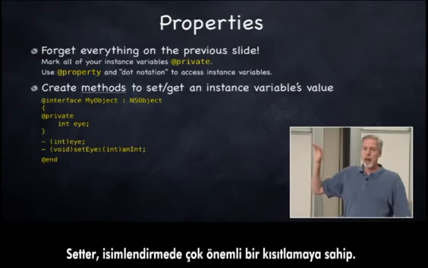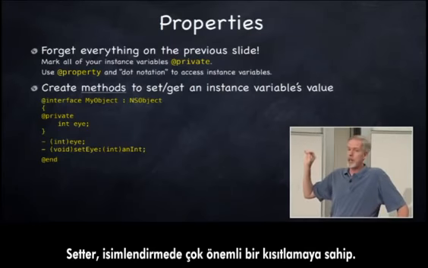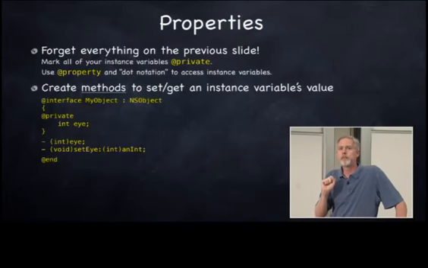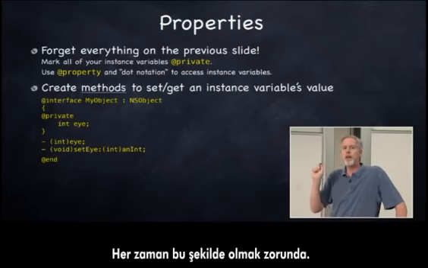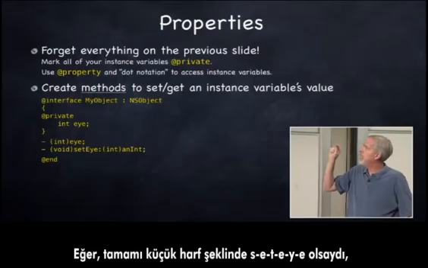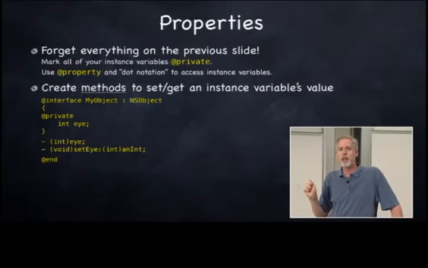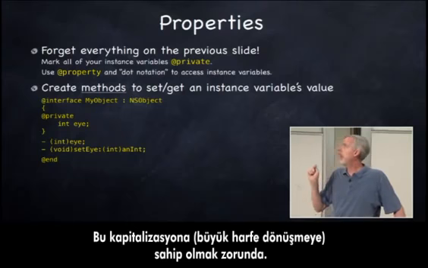The setter has a very important restriction on its naming. It has to start with S-E-T, lowercase, and then a capital letter. Okay? Always has to be that way. So if I had S-E-T-E-Y-E, all lowercase, that would not be a setter for this property. Okay? It has to have that capitalization.